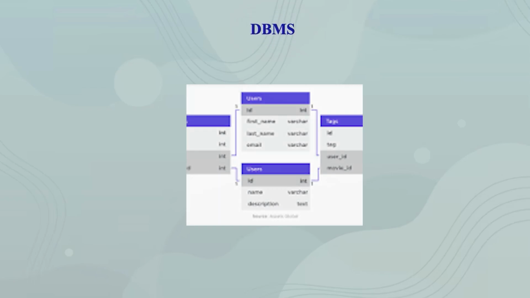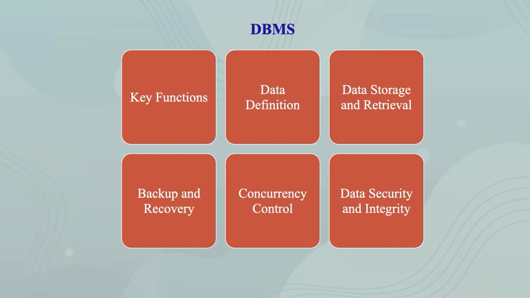Now you have to think about that. What are the key functions of the database management system? Key functions are data storage, database management, data definition. Data definition allows users to define the structure of data, such as creating tables and specifying the data types.